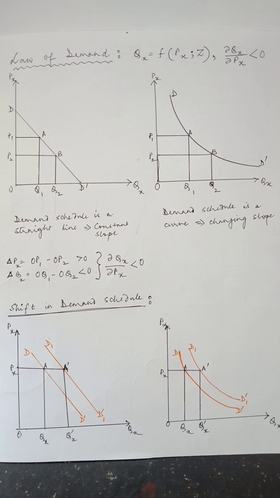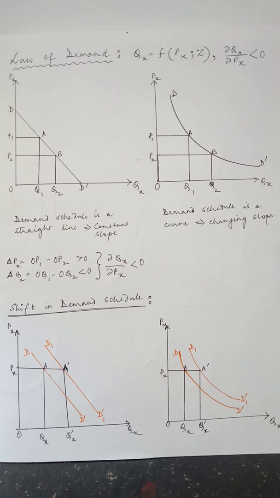Now, if the price of the commodity X is decreasing from P1 to P2, say from rupees 5 to rupees 3, then the quantity demanded of X will increase from Q1 to Q2. So, if we represent delta Px by OP1 minus OP2, then it will be 5 minus 3, that is 2, a positive quantity.